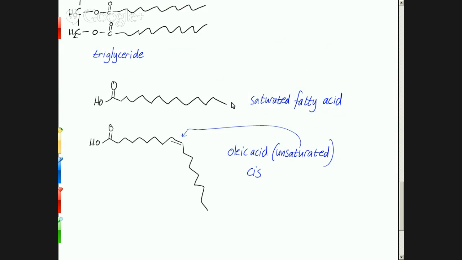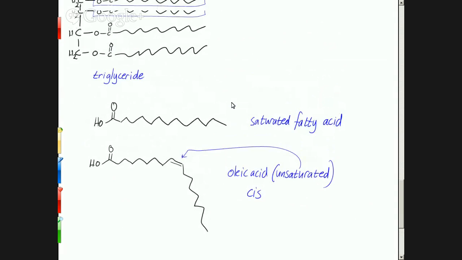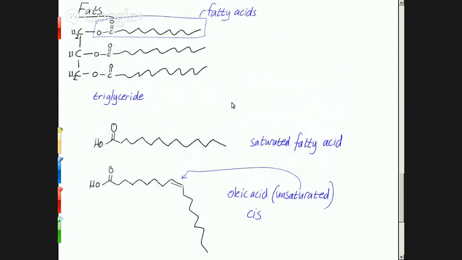So when this chain is kinked like that, the fatty acid chains, or the fats, the triglycerides, can no longer line up with each other quite as nicely. So the intermolecular forces aren't as strong, and that's why they're liquids instead of solids.